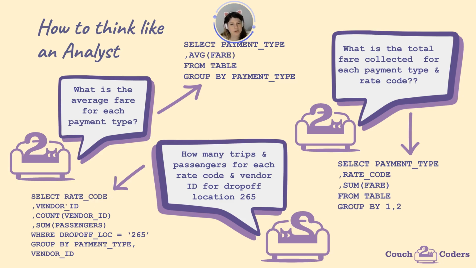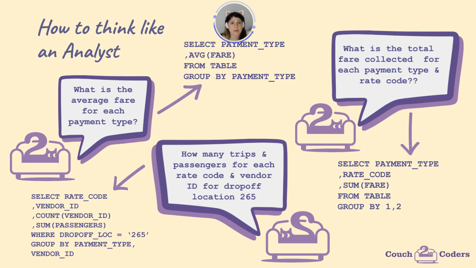Our aggregate functions are a little trickier this time. So we want to know how many trips and passengers. Passengers, we're going to sum up the number of passengers for each ride. We want to know how many trips each taxi cab took for a given rate code and a vendor ID. So what we would do is count vendor ID.